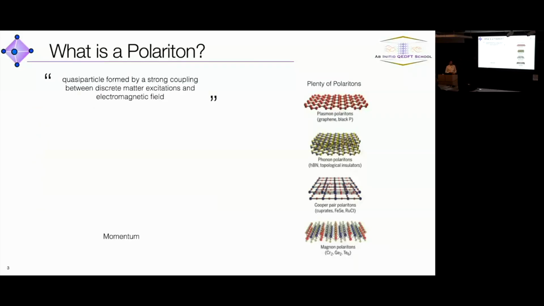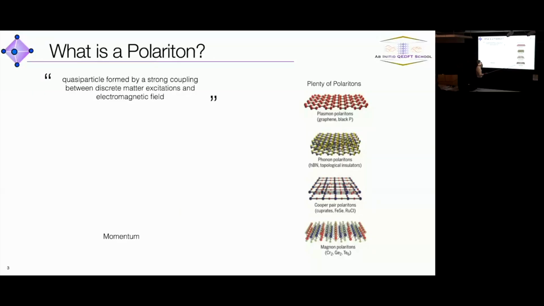So one of the very first questions was, what is a polariton? I think that was on Monday. And I think you have heard quite a bit about them from June. But in general, a polariton is any quasi-particle where you have a strong coupling between matter excitations, which can be electronic or phononic, or vibronic if you're in a molecule, and the electromagnetic field.